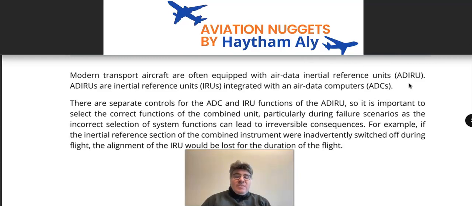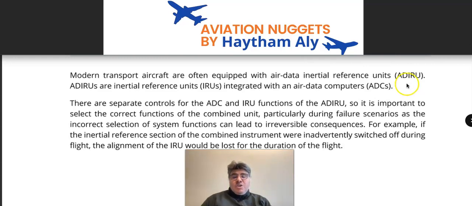So in any case, if the air data captain side or IR captain side fails, there is a standby air data and IR that may be switched to the captain side. Or if air data first officer side or IR first officer side fails, the first officer can transfer standby air data or IR data into its side.